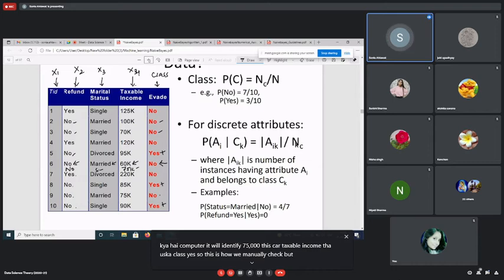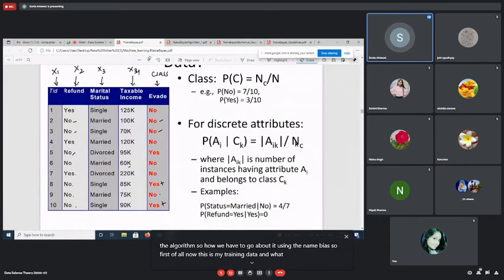But क्योंकि data set is in millions and trillions or lakhs, so it is not very easy. So we have to create the algorithm. So how do we go about it using the Naive Bayes? First of all, this is my training data. And what is my test data?